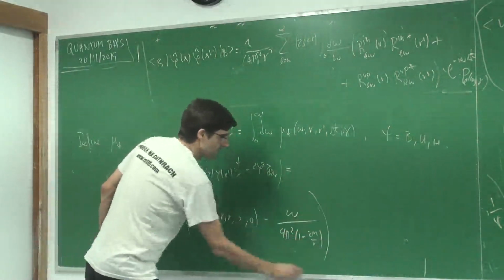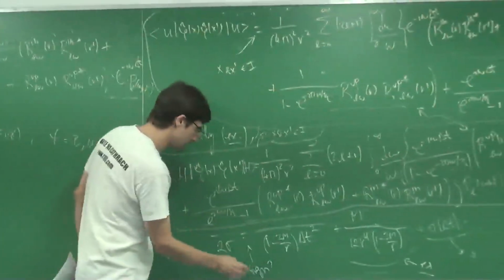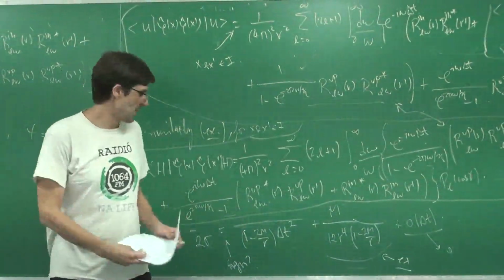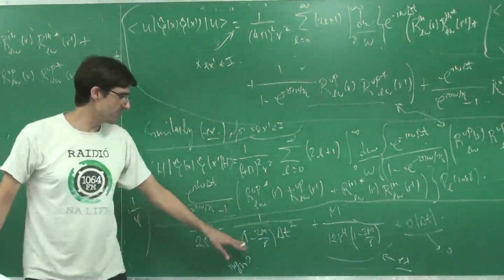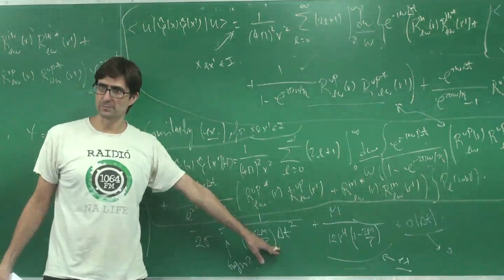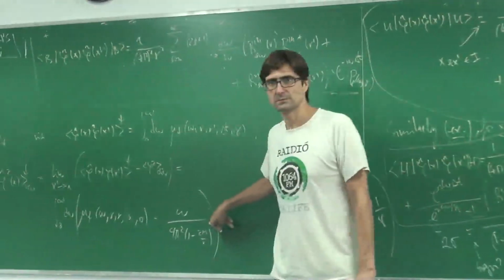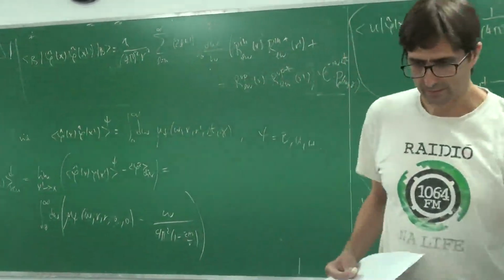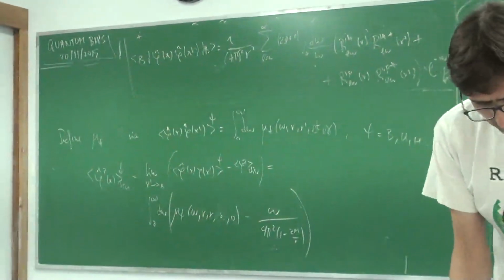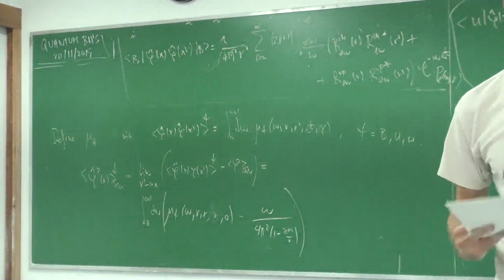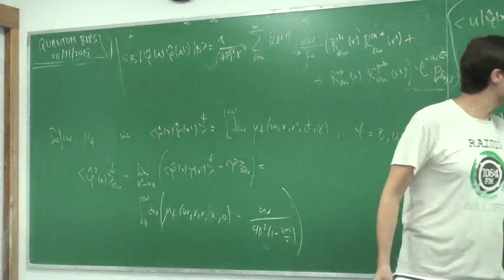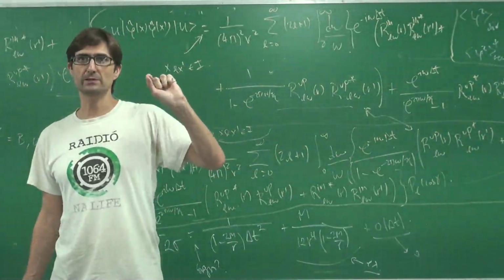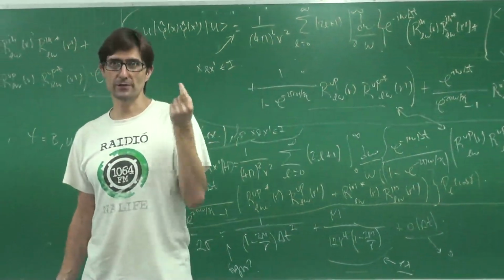So this term here. Well, I haven't done this, but you can rewrite this divergent term in this way. So this shows rather explicitly how the coincidence limit divergence really is an ultraviolet divergence.